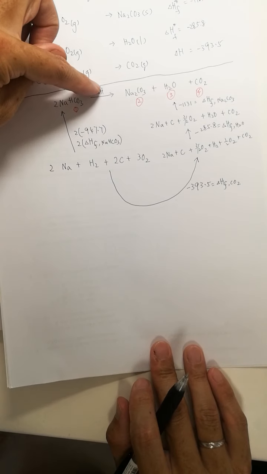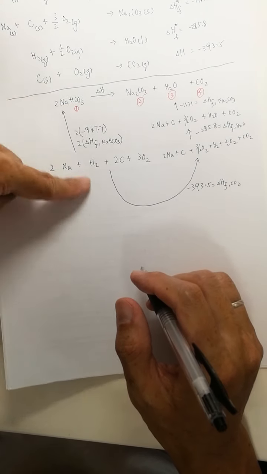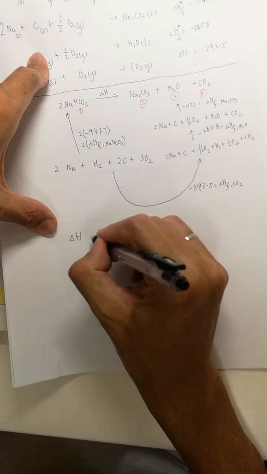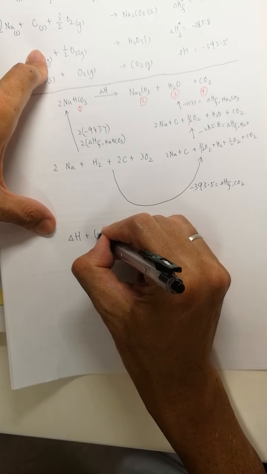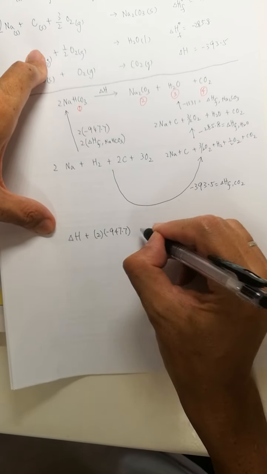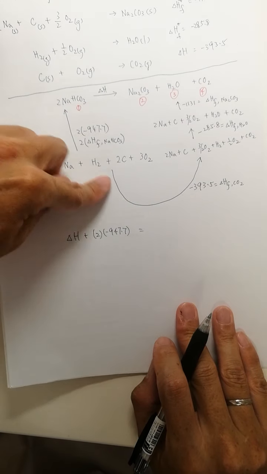And then the delta H path 1 on the left hand side, and the right hand side, path 2.